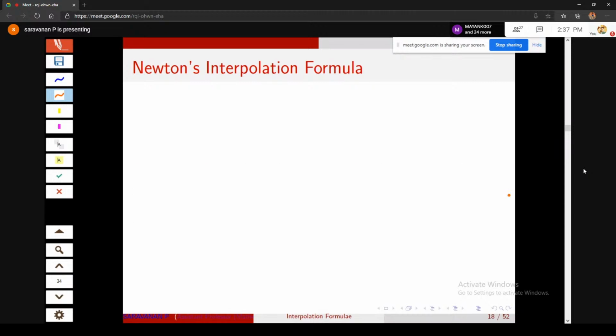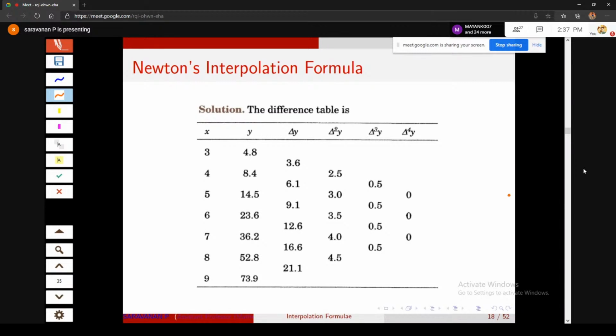Construct the table first. For forward, take x0 equal to this, then y0 will be this. This will become delta y0, delta square y0, delta cube y0. Delta power 4, all are 0, and all other higher powers are 0, because delta cube y is a constant.